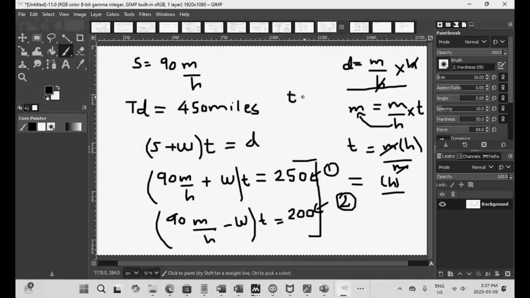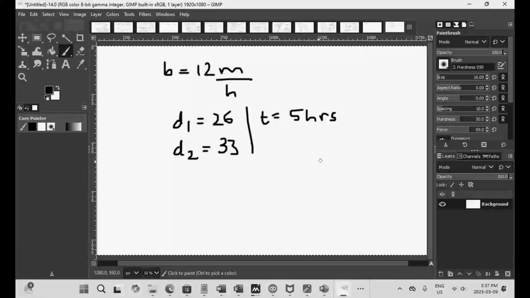Time equals distance in miles divided by speed in miles per hour. These two cancel out, which means you'll get your time in hours. So we know that time equals distance over speed, and distance equals speed into time. We use the same concept over here.